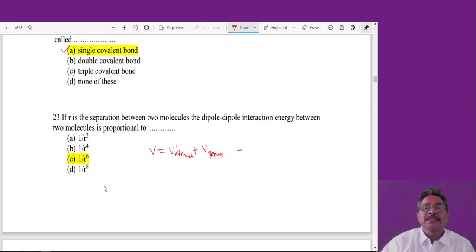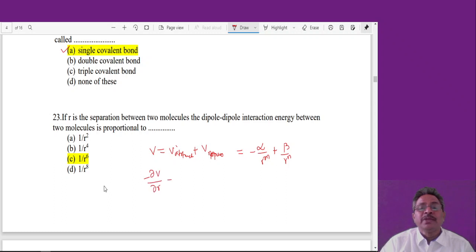In both cases, this is found to be V equals minus alpha upon R raised to m, negative since it is an attraction, plus beta upon R raised to n, positive since it is a repulsion. Now we have to go for this condition. For that case, there is one simple problem asked. This force is given by the gradient, minus delta V upon delta R, that gives you the force. And if there is one numerical example, in the book we can go for solving all these examples.